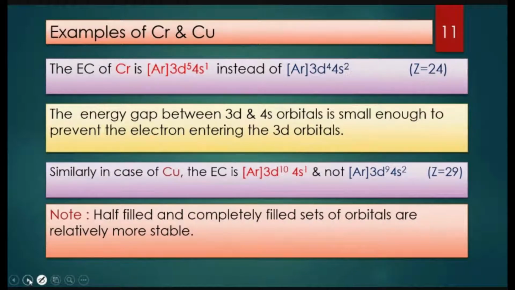So similarly, in case of copper, when one electron is being shifted from 4s orbital to the 3d orbital, here we are going to obtain a completely filled 3d orbital, which leads to more stability. So in either of the cases, the shifting of electron from 4s orbital to 3d orbital is being done in order to obtain stability. So in any element, if it is having half filled and completely filled sets of orbitals, it is going to be relatively more stable.